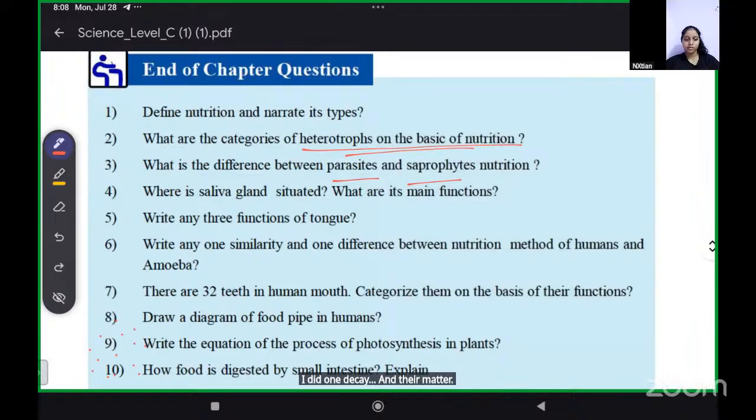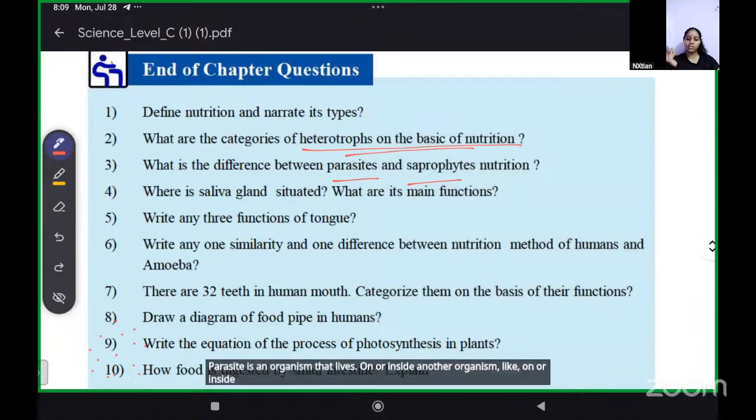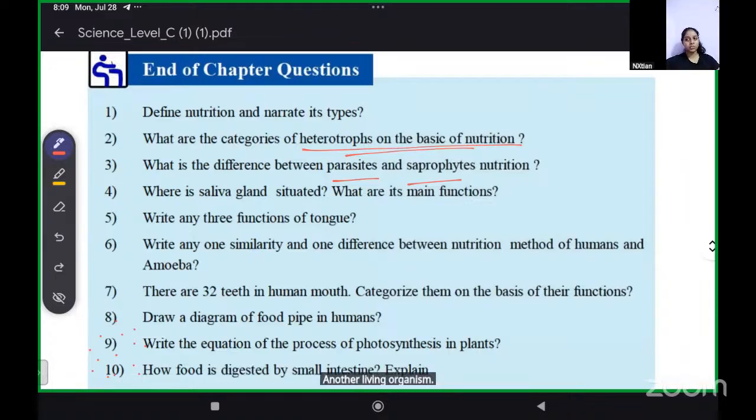Yes, that is right. Emma, good. A parasite is an organism that lives on or inside another living organism and feeds on it.